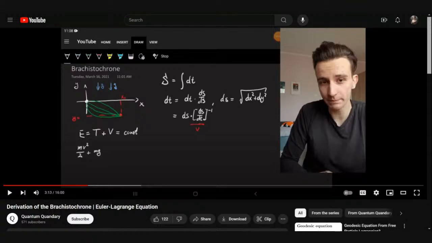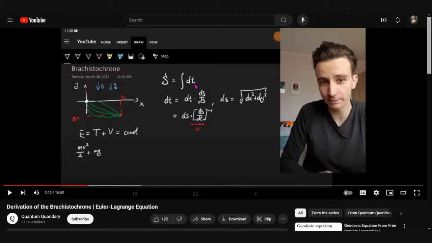So S is the action, and the integral, S is the path. Each one of these paths is an S. Each one we integrate over time, and we choose the one that is the least. The least S is the answer, nature's choice.